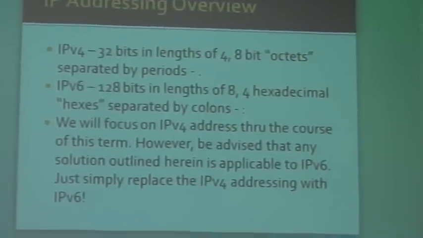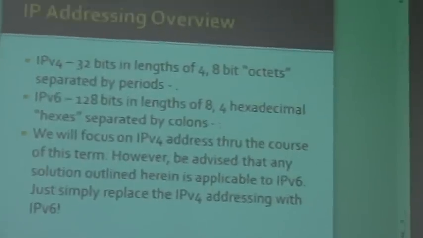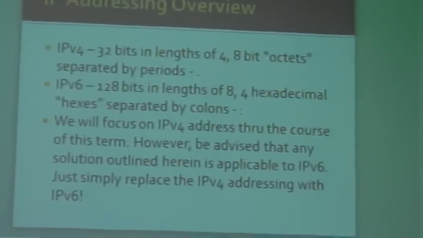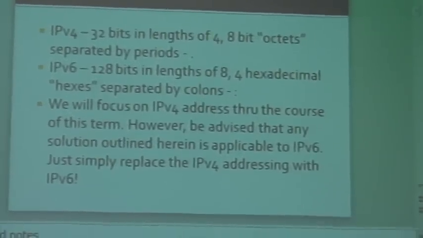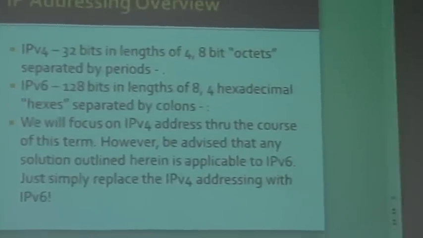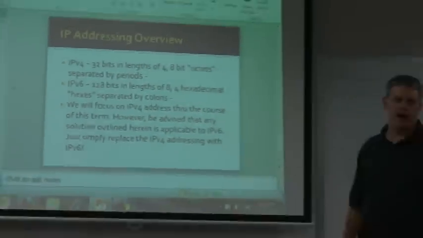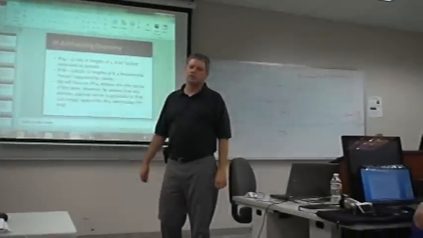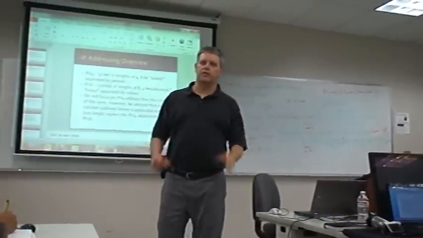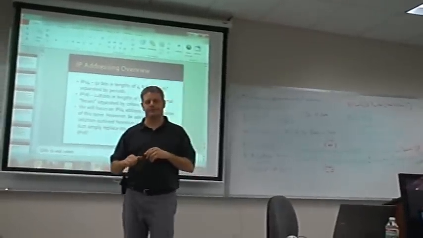In this class, we're going to use RFC 1918. All right. RFC 1918 is what? Private IP addressing. Where would you never find these addresses? Never, ever find those addresses on the internet. They're for private use only. They are not publicly routable.